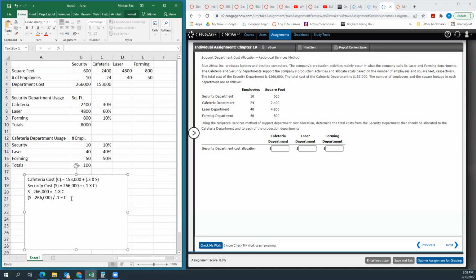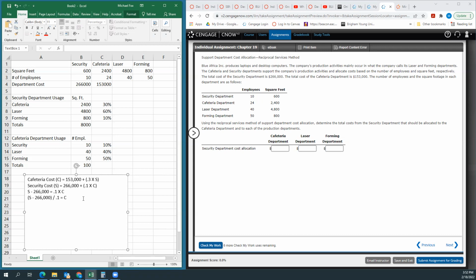So now we've reframed this second formula solving for C. Now we can take the first formula, C equals 153,000 plus 0.3 times S, and substitute in this value of C, and then solve to find out what S is. Remember, S is our security cost.